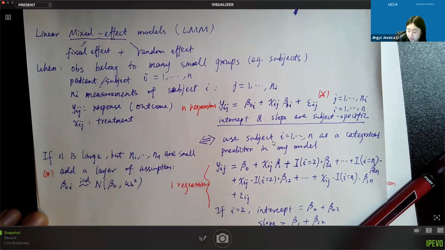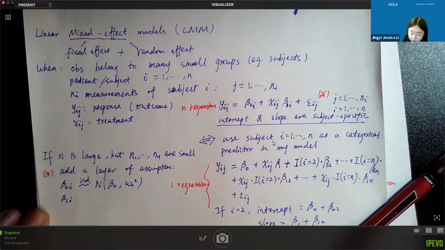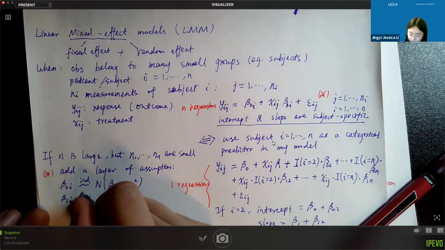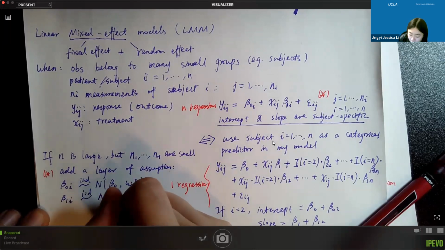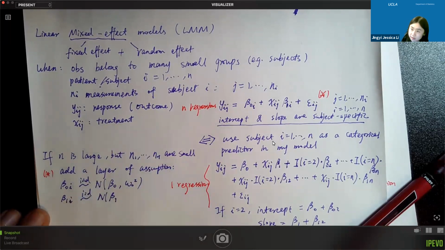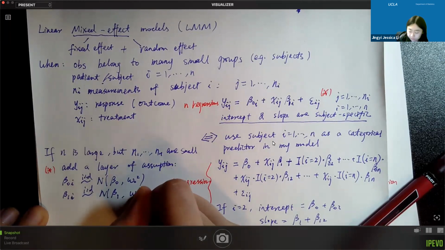I can assume this. And I can also assume that the slope beta 1i for individual i are IID from another normal distribution with beta 1, the common slope, as the mean, and a variance omega 1 squared.